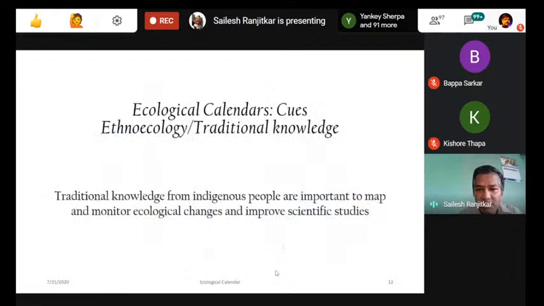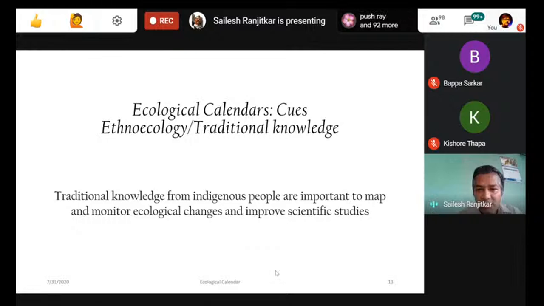So I'll now move directly into the different results and findings that we obtained, and we'll also discuss them a little. So, ecological calendar cues: from where can we get the information? From ethnoecology and traditional knowledge.